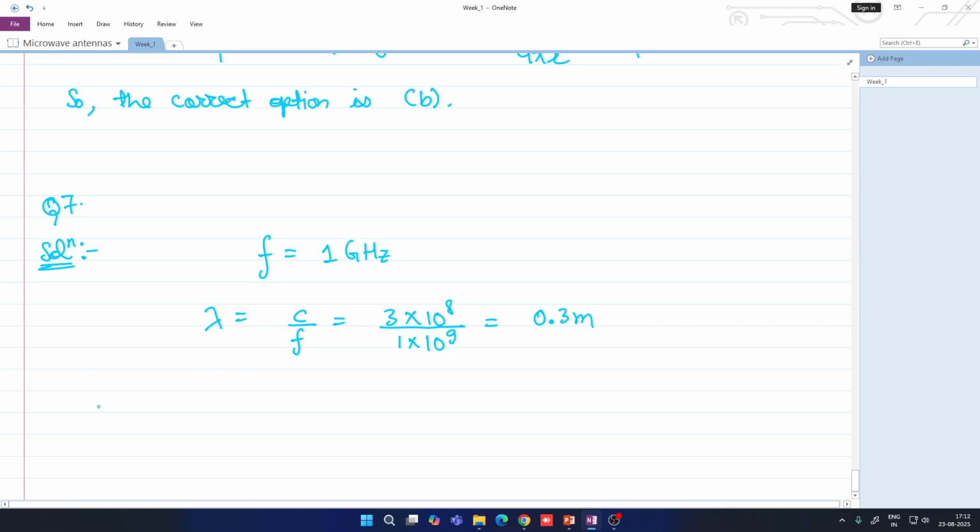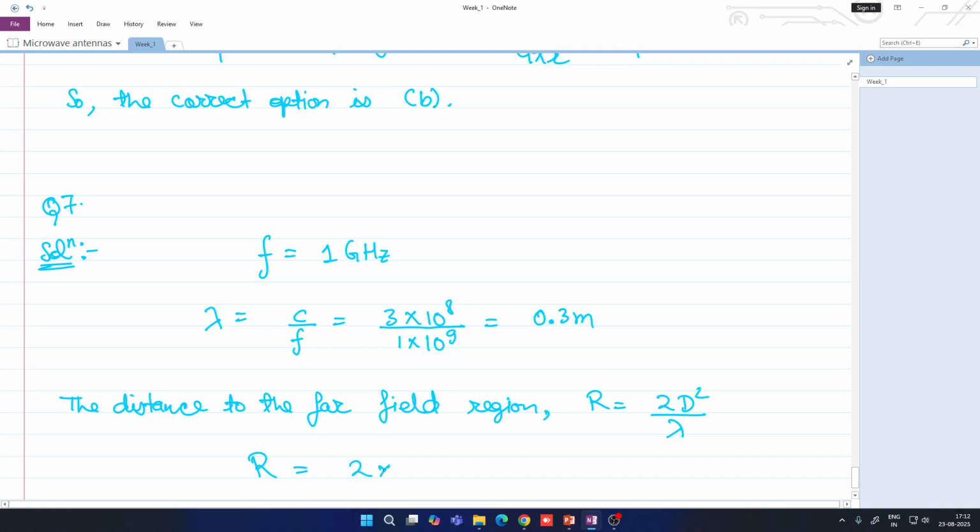The distance to the far field region, denoted by r, is given by 2 d square by lambda, where d is the maximal dimension of the antenna, which is given as 1 meter. So r is 2 into 1 whole square divided by 0.3, and when we solve this we will get 6.67 meter.